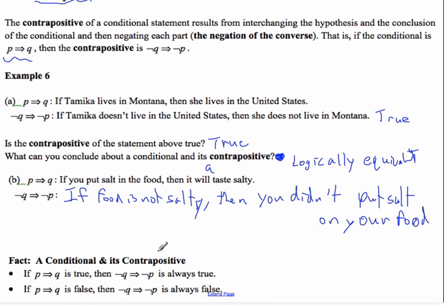Okay, so if P implies Q is true, then the contrapositive is always true. If P implies Q is false, then the contrapositive is false. So P implies Q and not Q implies not P, those are logically equivalent.